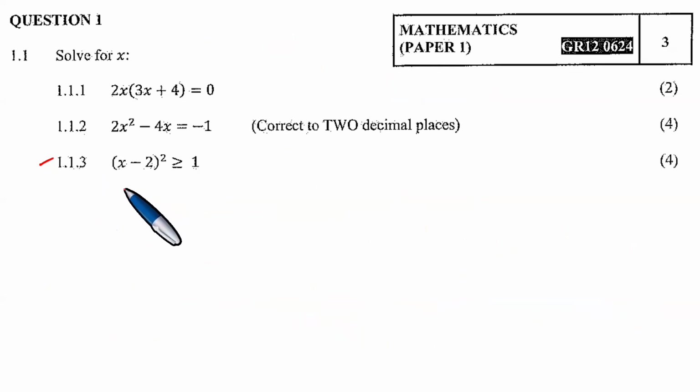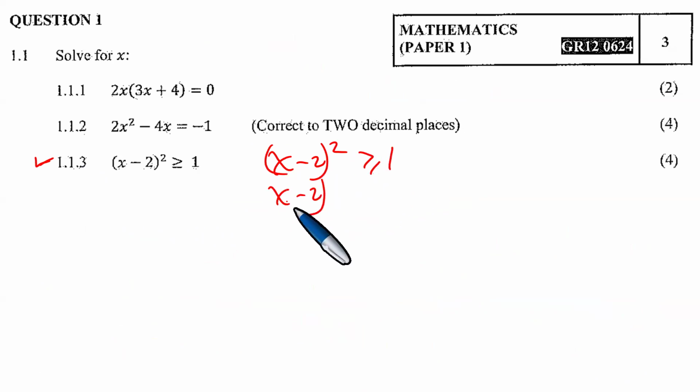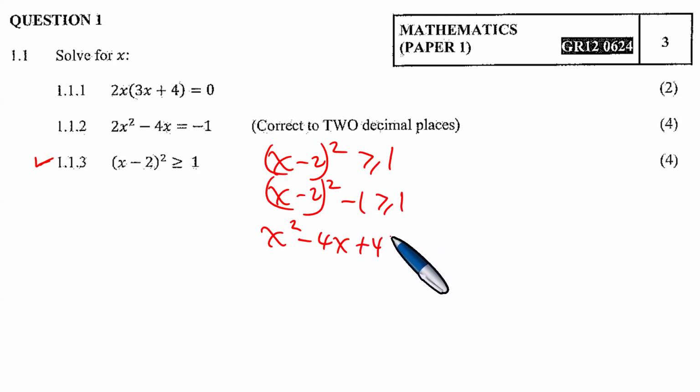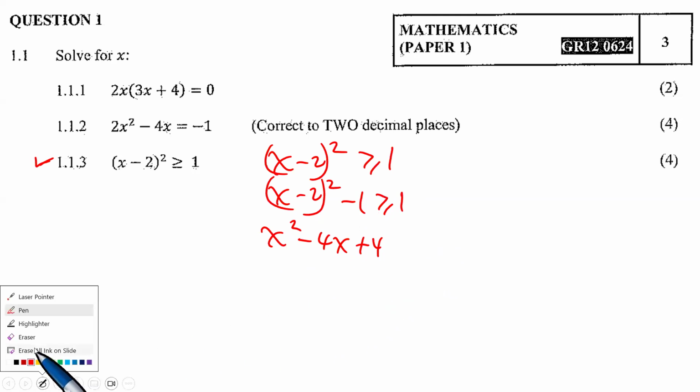Right, 1.1.3 is the next one to be solved. We have the quadratic inequality (x - 2)² ≥ 1, which is x² - 4x + 4 ≥ 1.